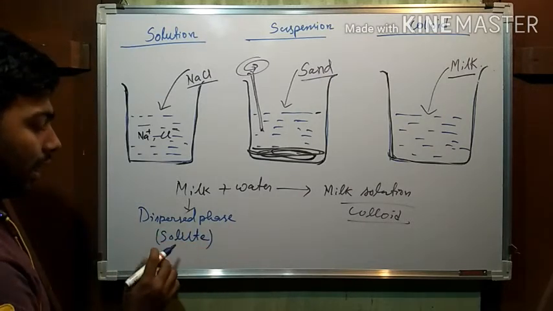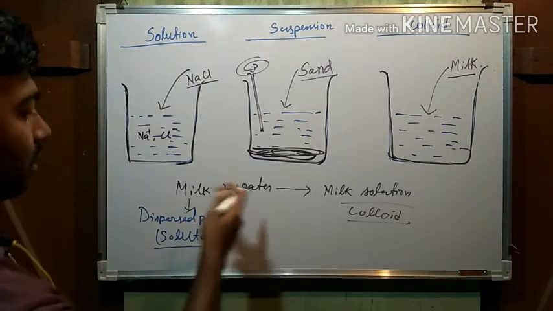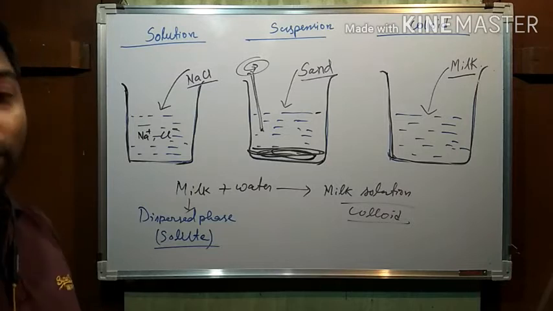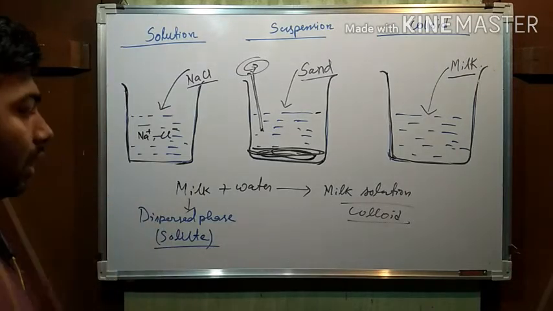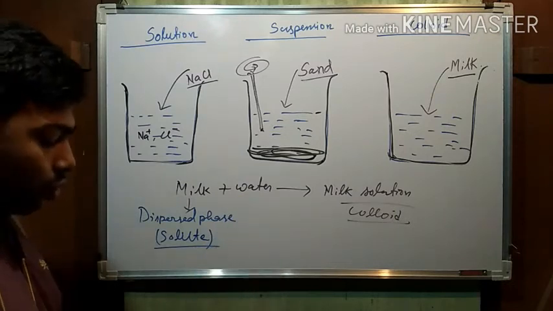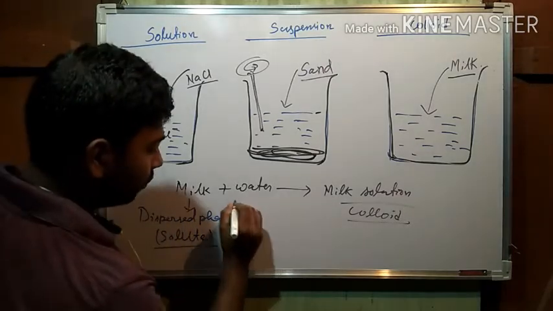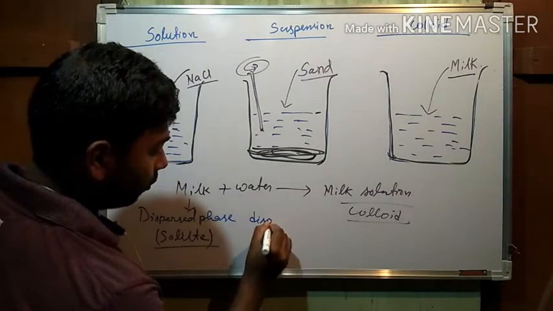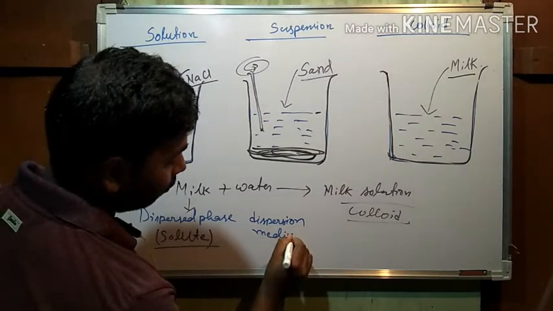Okay, in the colloid concept, the solid is termed the dispersed phase, and the medium, which may or may not be liquid, the solvent part, is known as the dispersion medium.